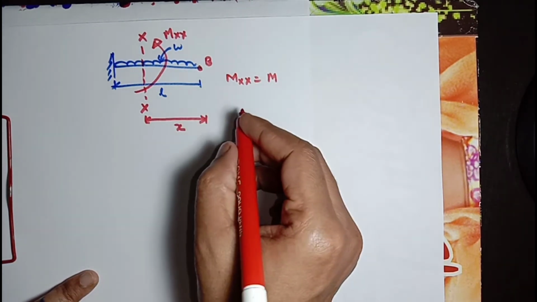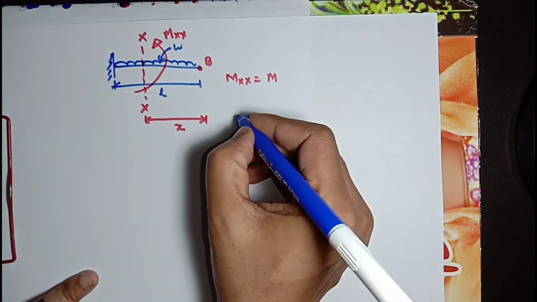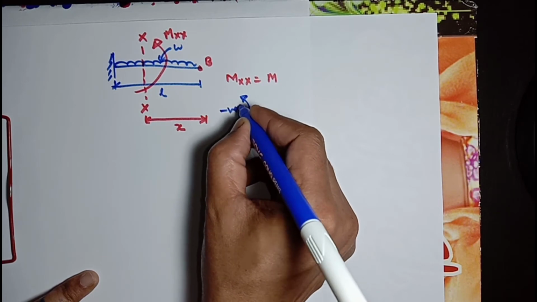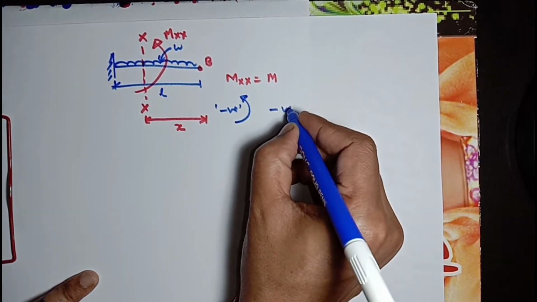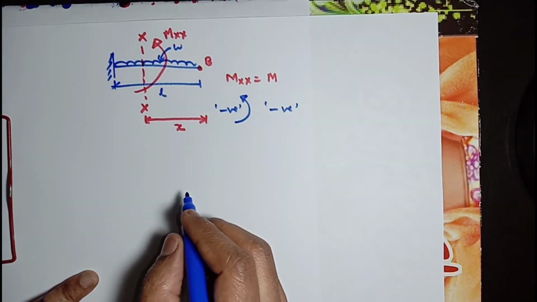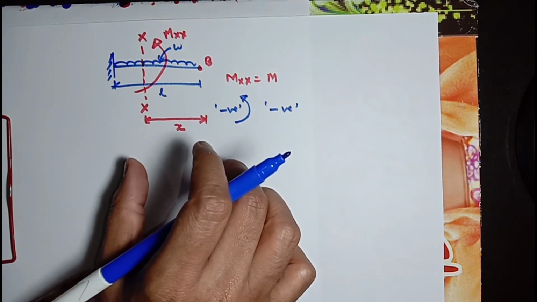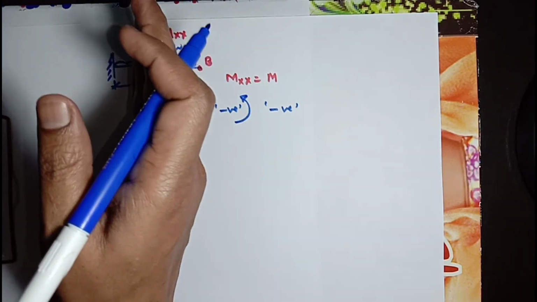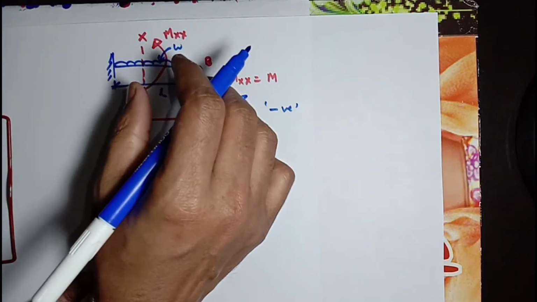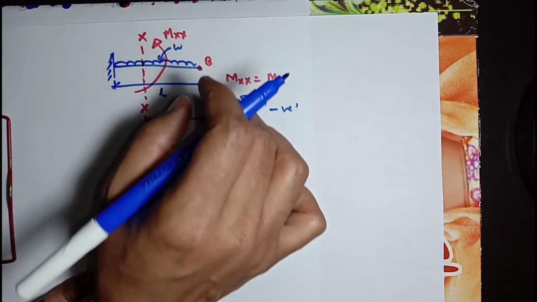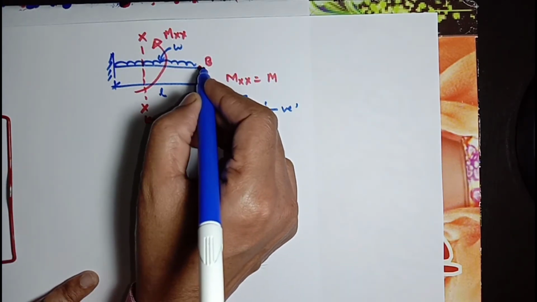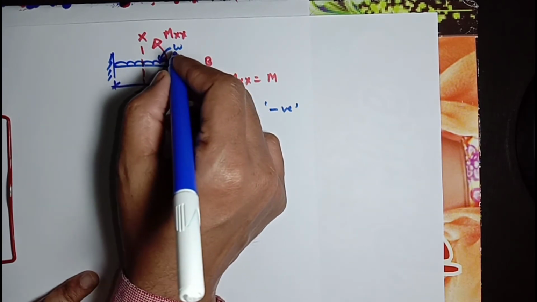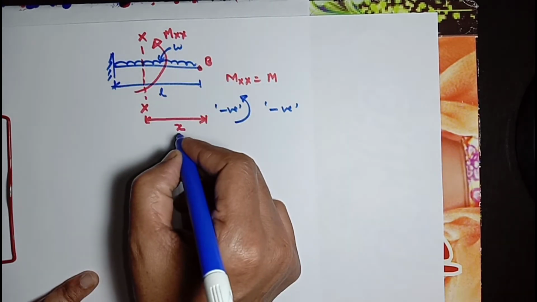Now, as per our assumption, anticlockwise moment will be negative. Now we need to generate the bending moment at section XX. The length from point B to XX is X. So multiplying W with X will give the load.